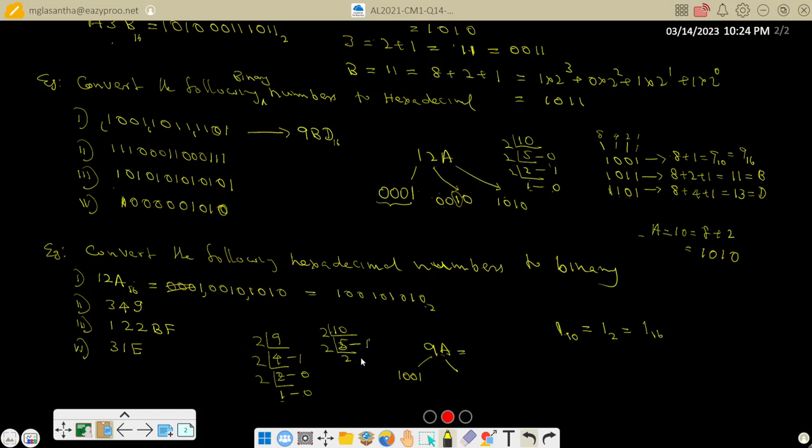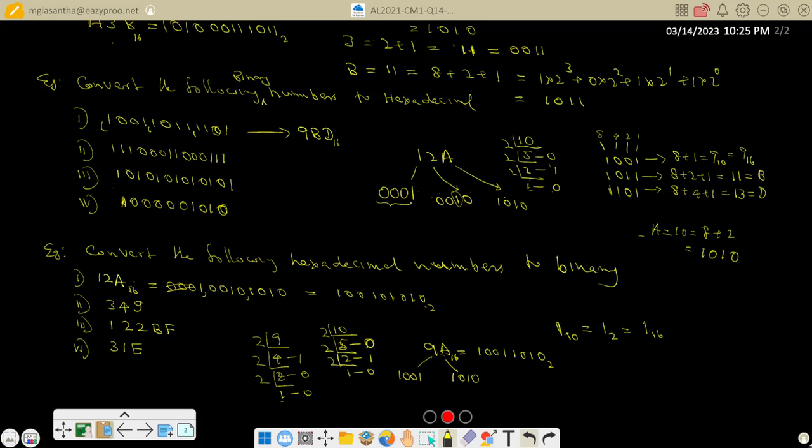Divided by 2, balance is 1. Then balance is 0. So this equals 1 0 1 0. So 9A equals 1 0 0 1 1 0 1 0. Very simple, right?